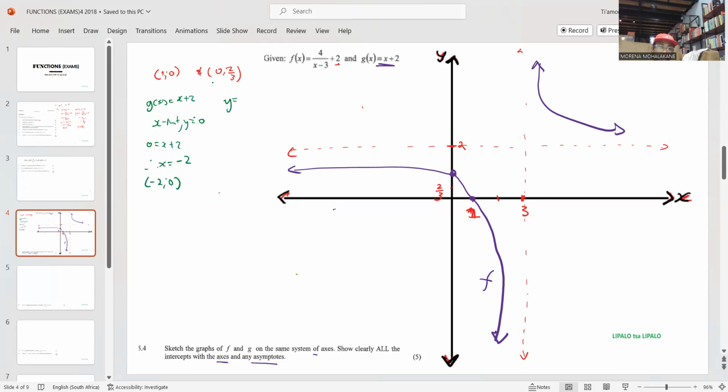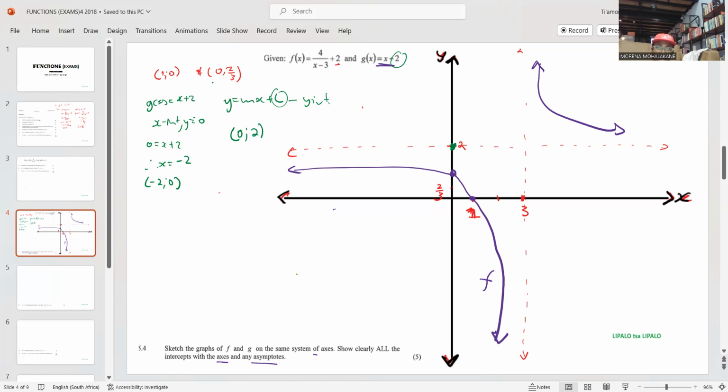Then I know y equals mx plus c. That's the normal straight line equation. The c represents the y-intercept. So I know the y-intercept is going to be (0, 2). So I have 2 there again.